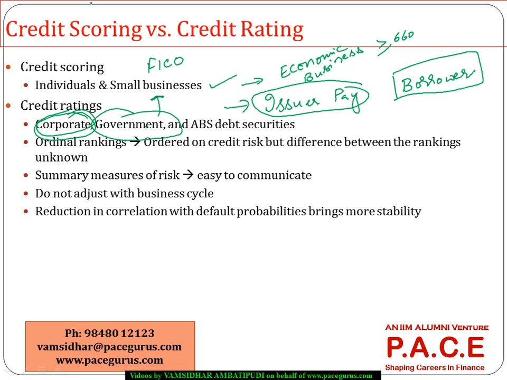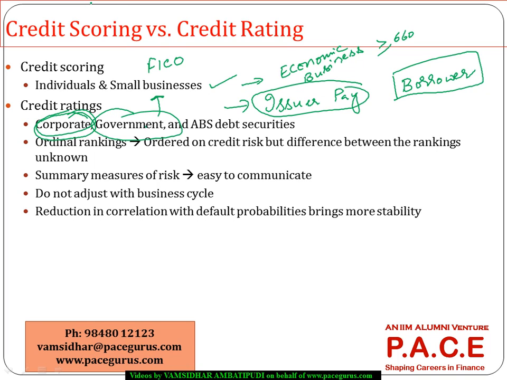But here there could be a possibility of conflict of interest, because I am paying to get myself rated. There is a possibility that the rating agency which has taken a fee from me might give me a favorable rating. But in this process, the credit rating agencies are actually selling their reputation. Their entire bread and butter is the worthiness of the ratings that they give.